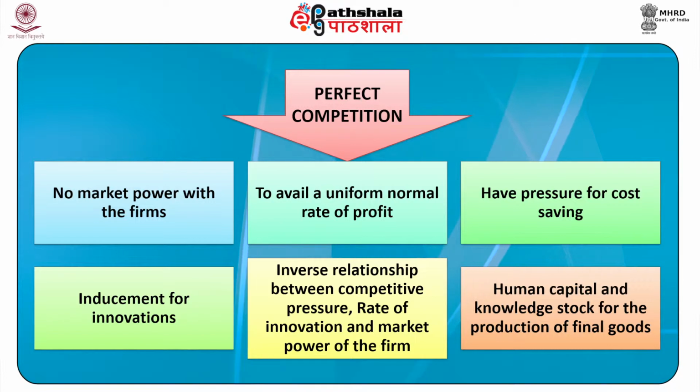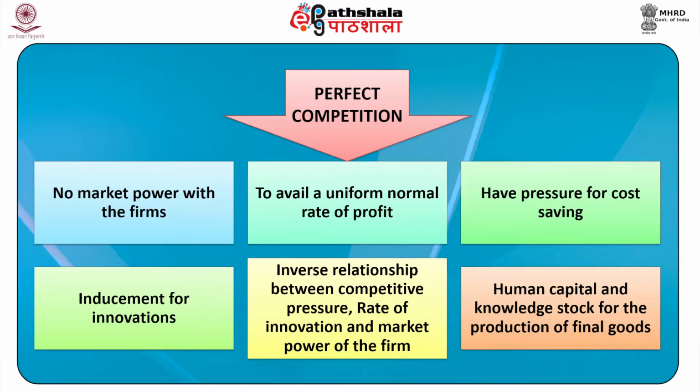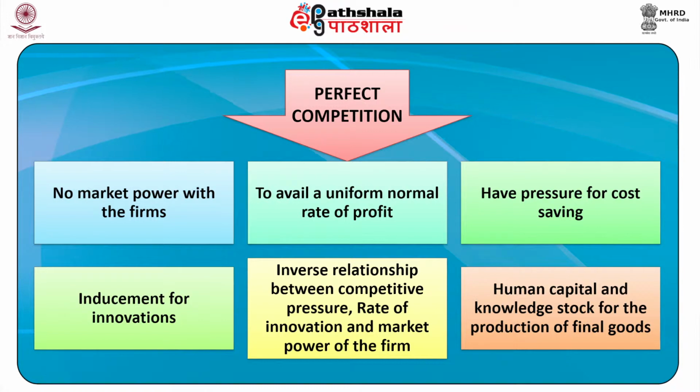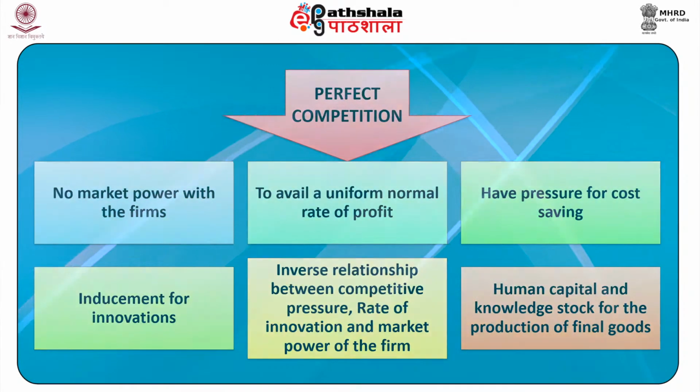The supporters of these theories also argued in favor of endogenous technological progress and growth patterns of the economies. Technological progress, by using one of the most important factors of the economy, human capital and knowledge stock, for the production of final goods, leads to a permanent increase in the growth rate of the economy.